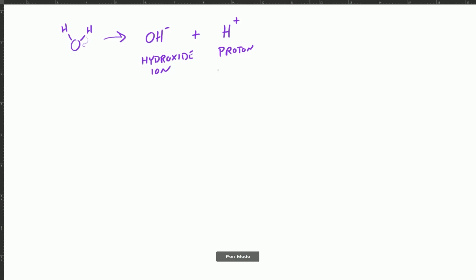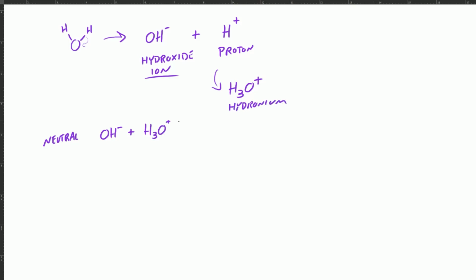Now, periodically, what's going to happen is we're going to get that proton attaching to another water molecule, which would give us H3O+. Now, in a normal glass of water, a neutral glass of water, it's just pure water, we are going to have a situation where there's an equal number of hydroxide ions and hydronium ions, which is what this one is.